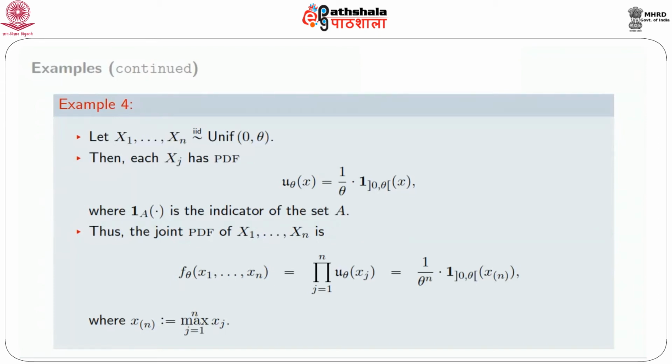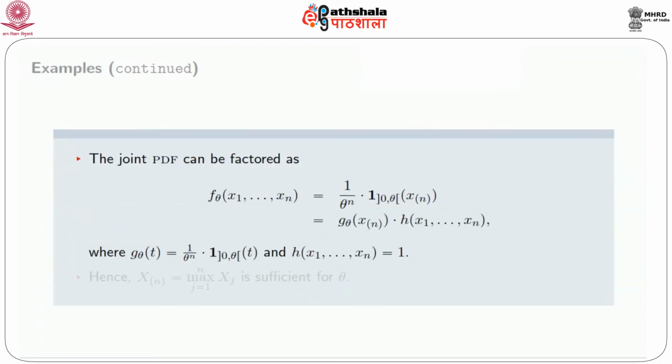Here 1_(0,theta)(x_(n)) is equal to 1 if x_(n) lies between 0 and theta, 0 otherwise. Here x_(n) is the maximum of x1, x2, ..., xn. Therefore, the joint PDF can be written as f_theta(x1, x2, ..., xn) equals 1 by theta to the power n into the indicator function 1_(0,theta)(x_(n)). The first part, that means 1 by theta to the power n and 1_(0,theta)(x_(n)), can be written as a function of x_(n).